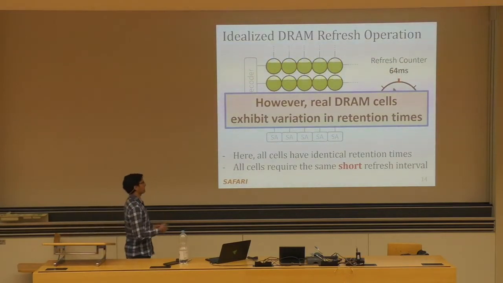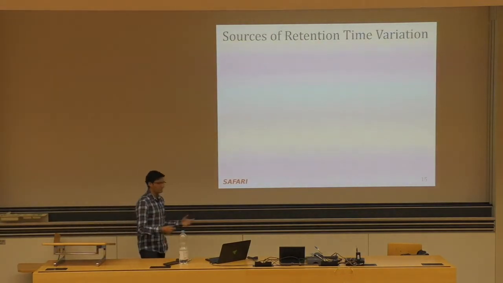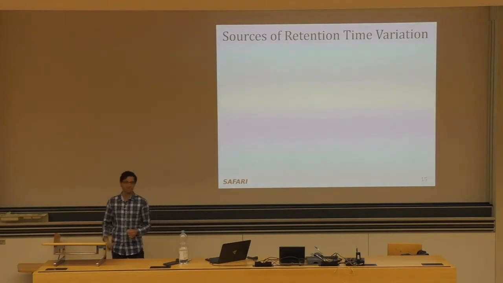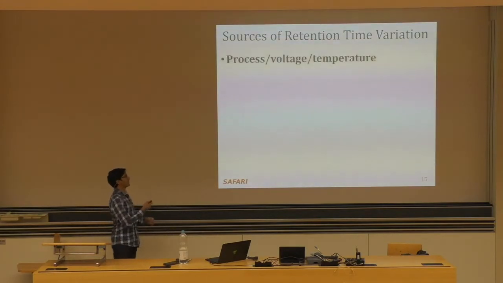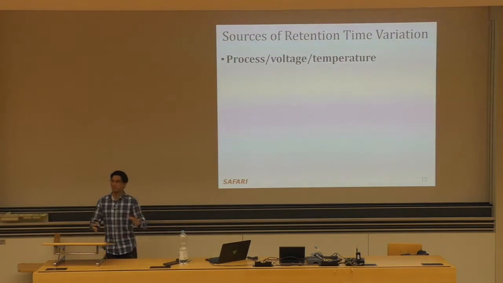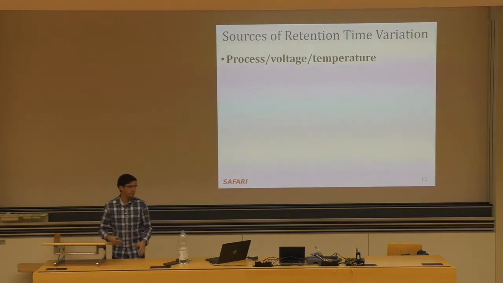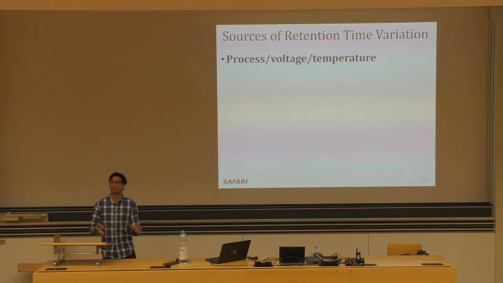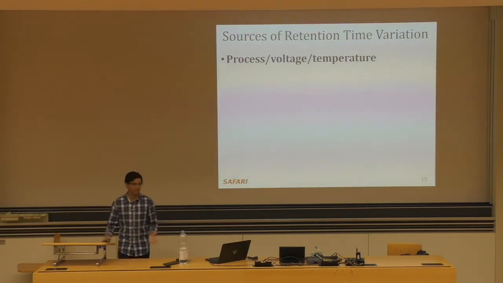And so let's take a look at why this might happen. I'll itemize some of the sources of retention time variation between cells, right? The first is process, voltage, and temperature. The retention time of different cells varies at manufacturing time due to process variation and at runtime due to voltage and temperature fluctuations, which are typical of pretty much any semiconductor device.